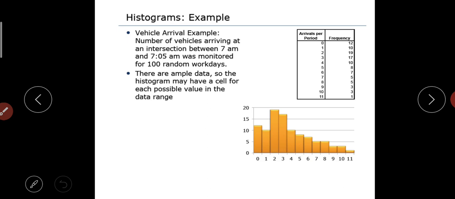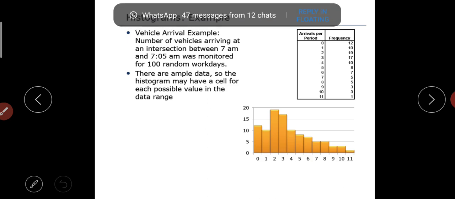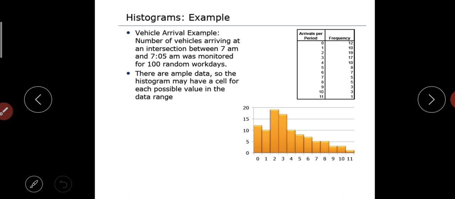Let us consider another example, which is related to vehicle arrival. The number of vehicles arriving at an intersection between 7 am and 7:05 am was monitored for 100 random working days. According to this information, this column shows arrivals per period and this is the frequency of the arrival.